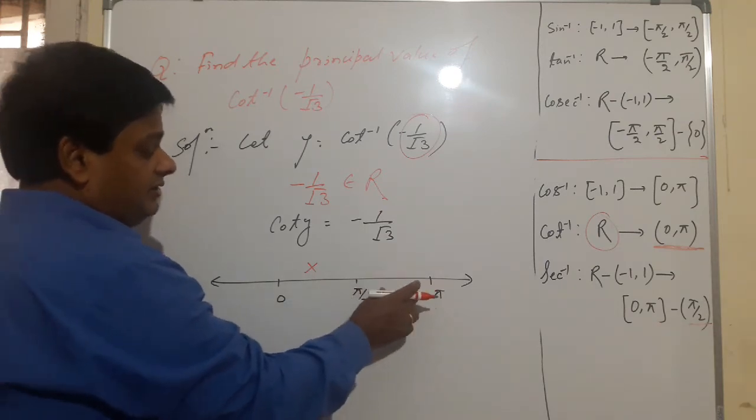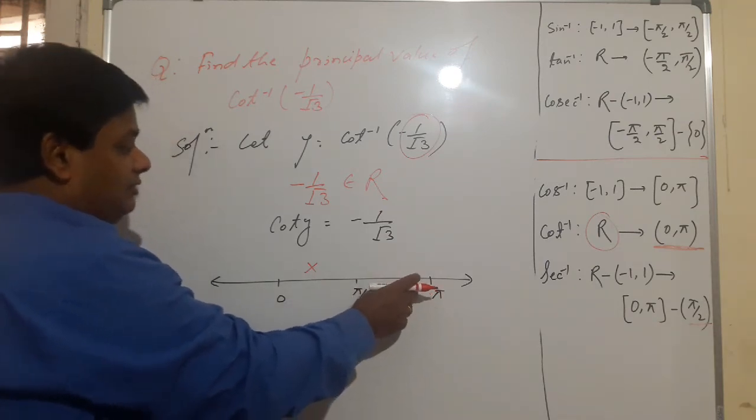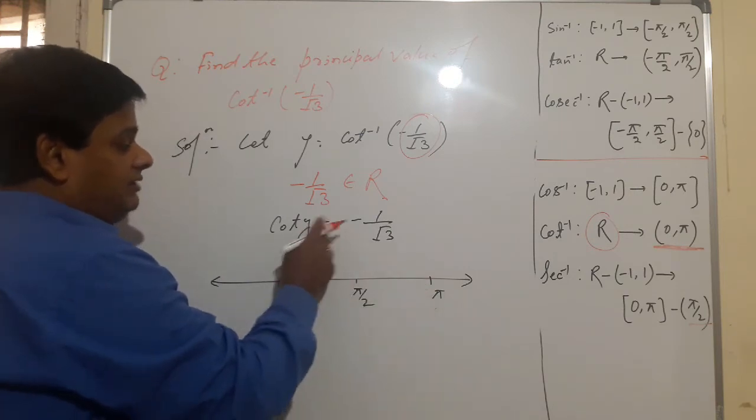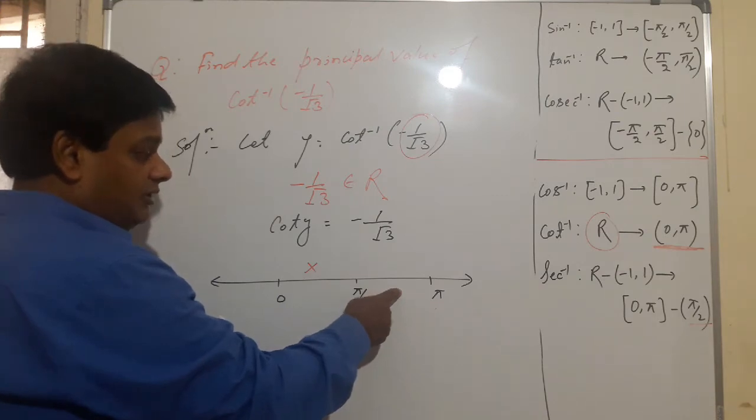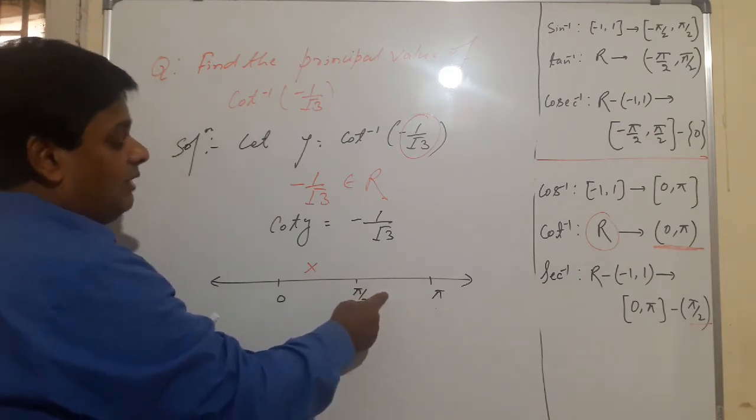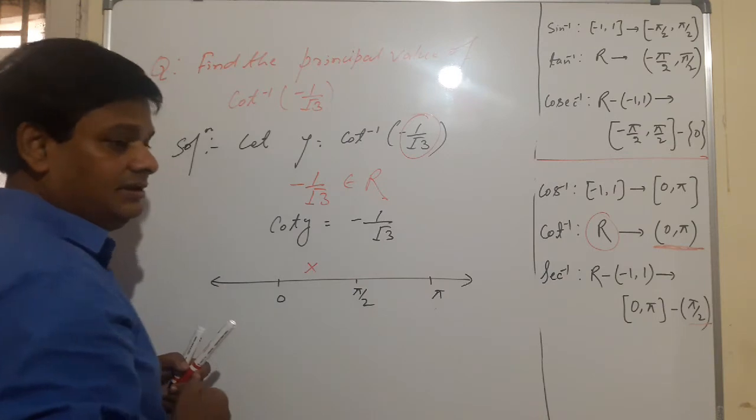Now we have to search in the second quadrant. We know that in the second quadrant cot is negative. So we have to find it in this quadrant, which means less than 180 and more than 90 degrees.